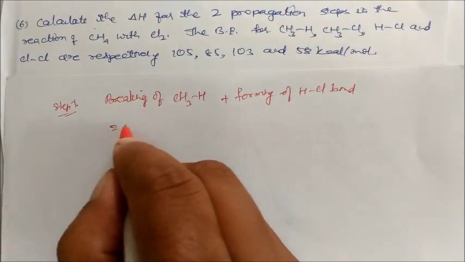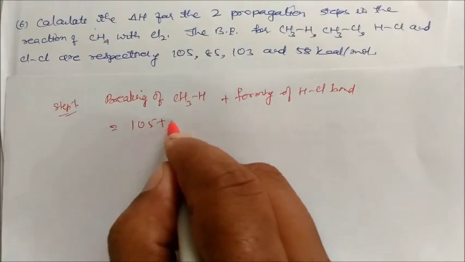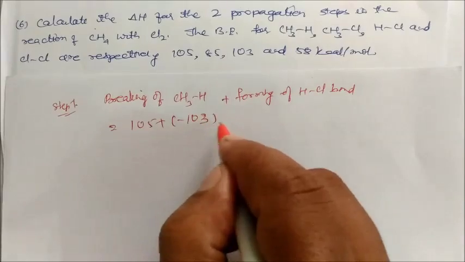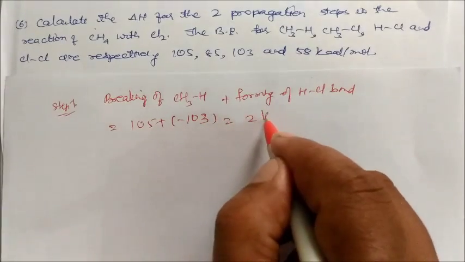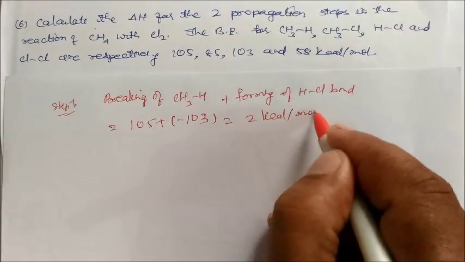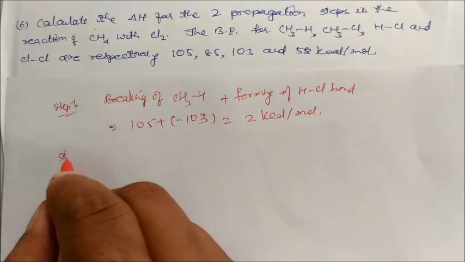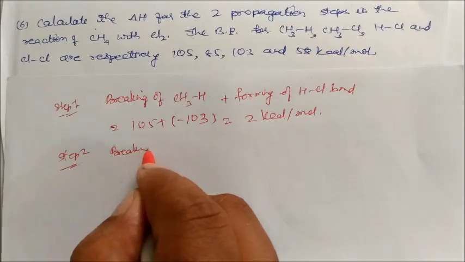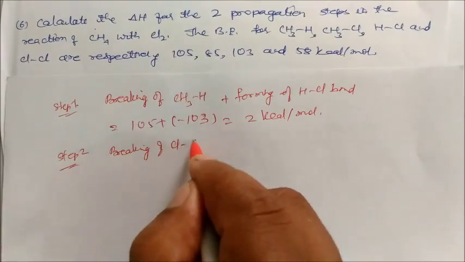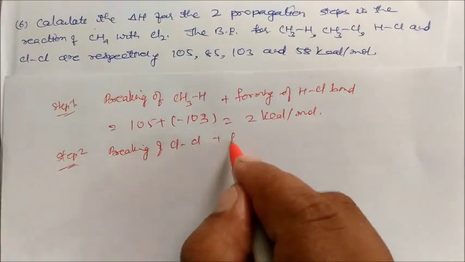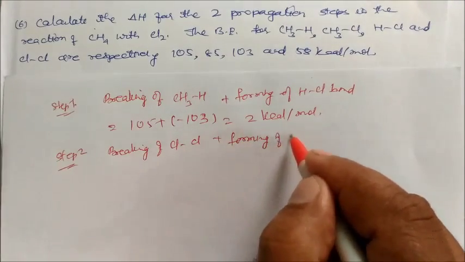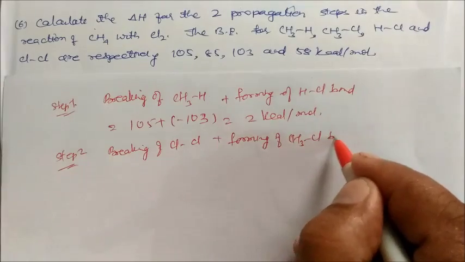If you solve it, it becomes 105 plus minus 103. So you will get the answer 2 kilocalorie per mole. Now step 2 will be breaking of the Cl-Cl bond, and second is forming of the CH3-Cl bond.